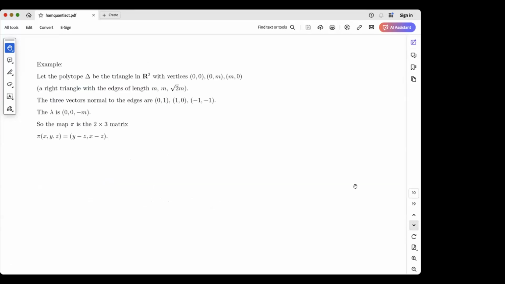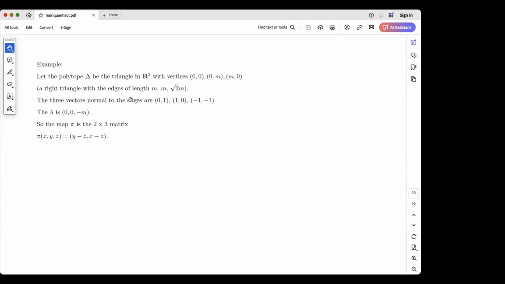So, to give you an example. Let's suppose the polytope delta is the right triangle in R2 with vertices 0, 0, and 0, m and m, 0. So a right triangle with edges of length m and square root of 2 times m.